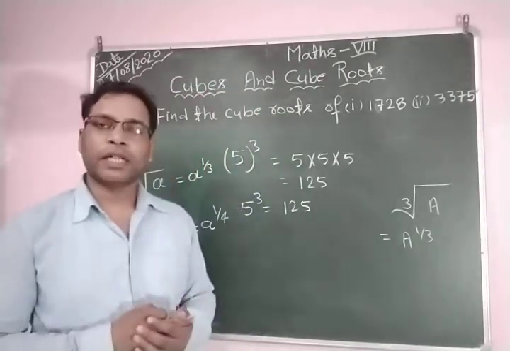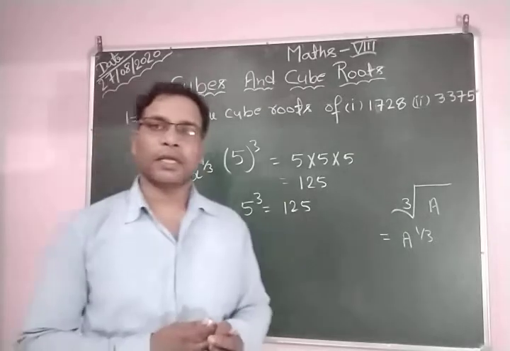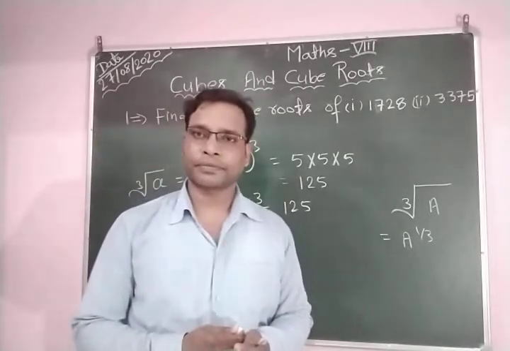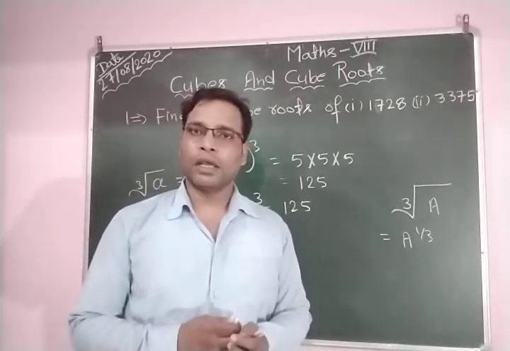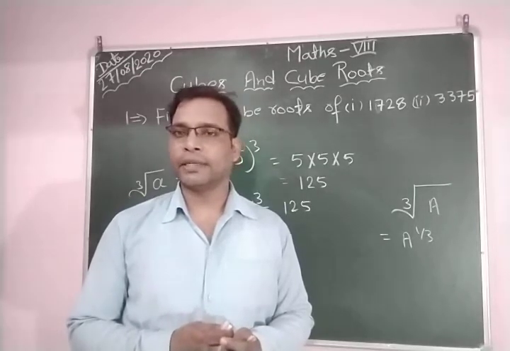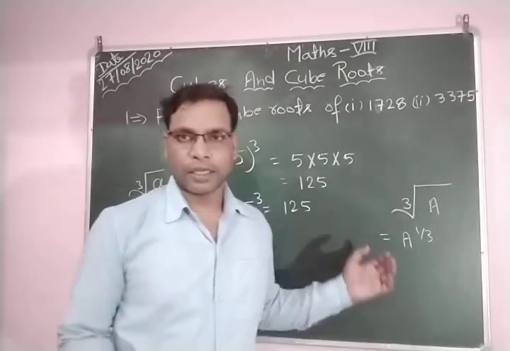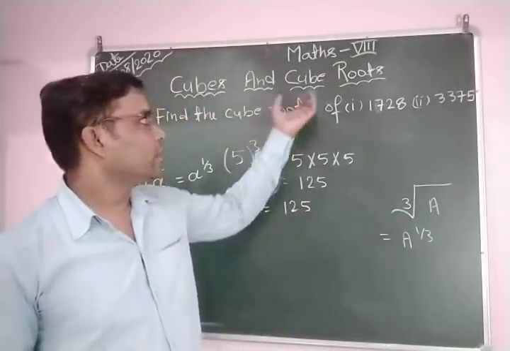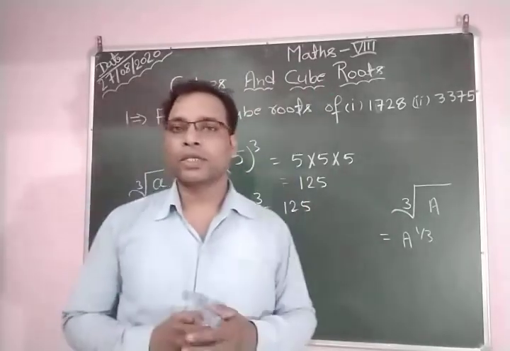So a cube is expressed as the product of a number by itself 3 times. Clear? Now we are going to discuss how to find cube roots.